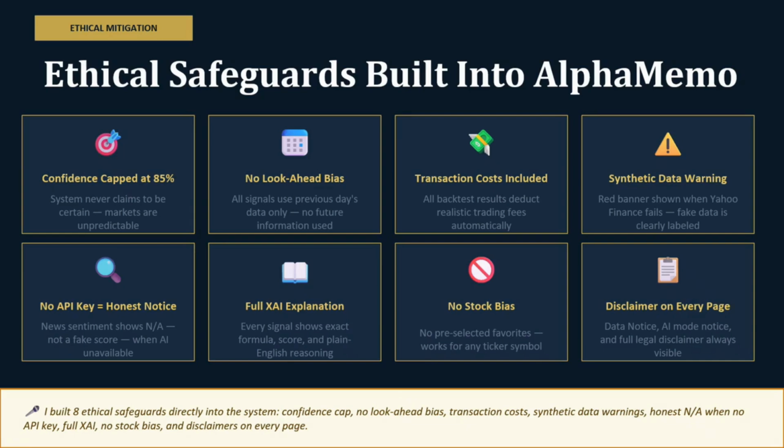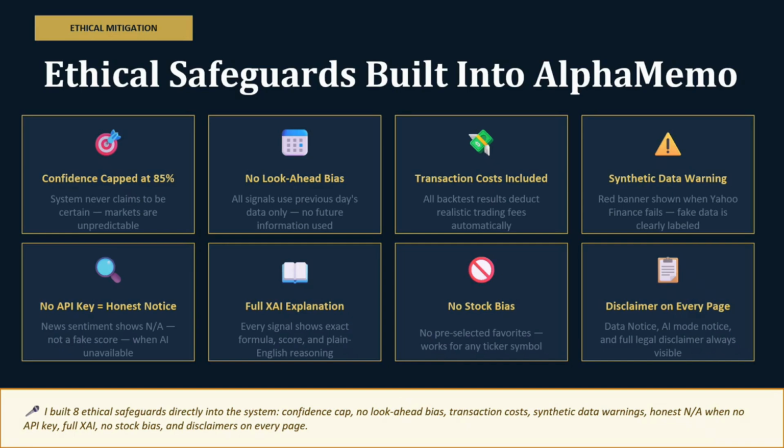Four, a warning banner when data is synthetic. Five, honest when there is no API key, not a fake score. Six, full step-by-step XAI explanation in plain English. Seven, no cherry-picked stock bias. Works for any ticker. Eight, a disclaimer on every page.